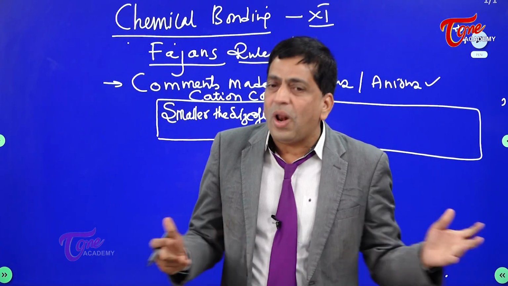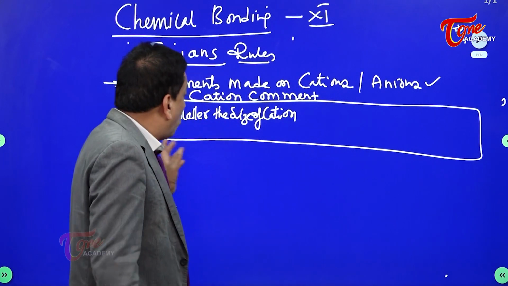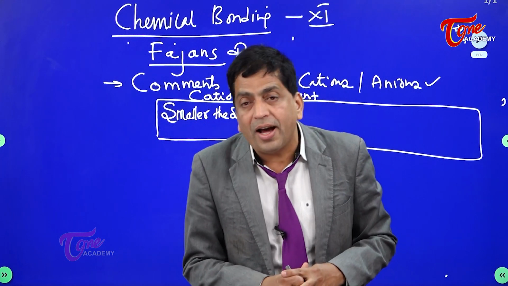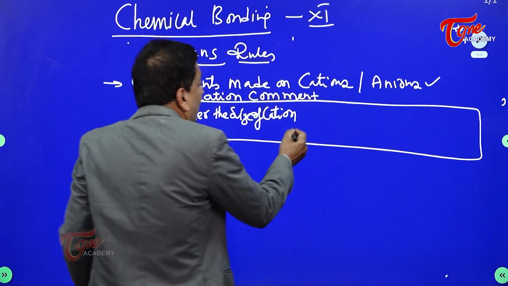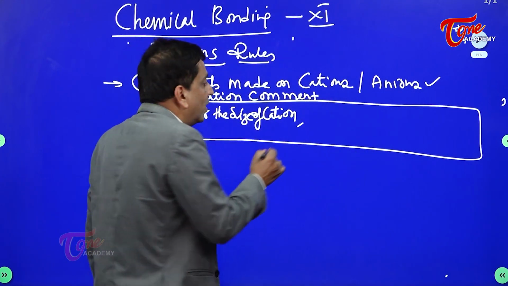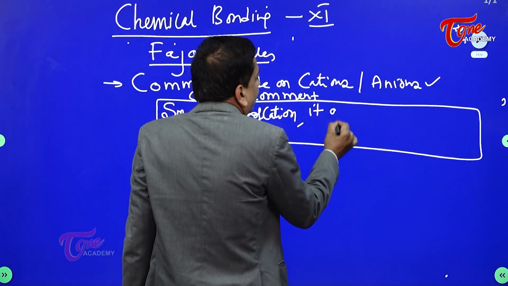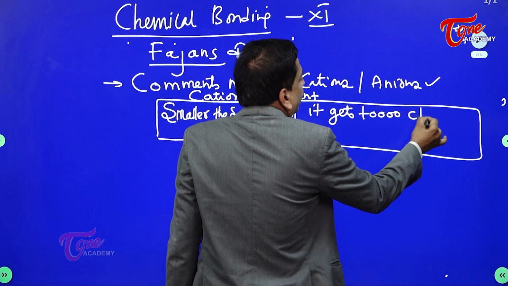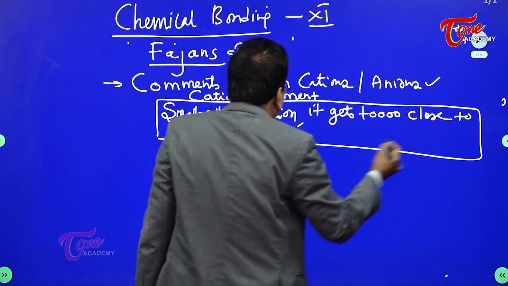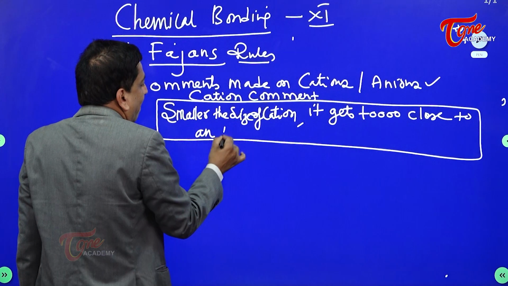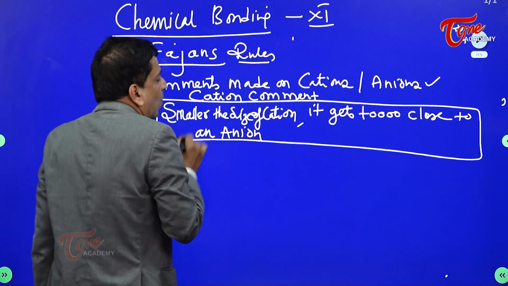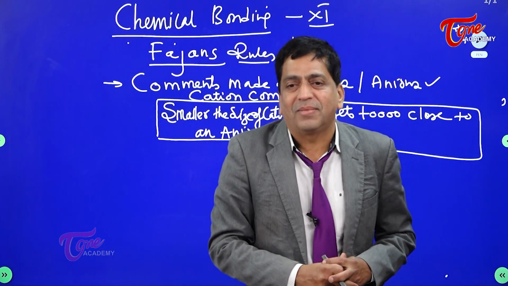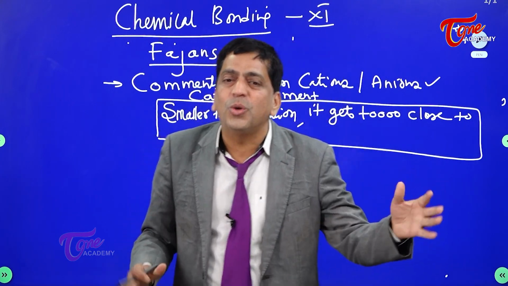So what will happen if it is the smaller cation? He says the smaller the cation in size, it gets too close to an anion. The criterion for getting too close is that you must be small.